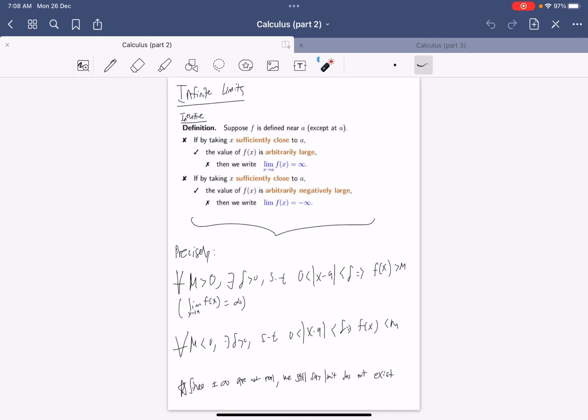Now, understanding the one-sided limits, the other type of limit is the infinite limit. The infinite limit says the following: if we take x sufficiently close to a, the value of f(x) becomes super large. For example, the graph of y equals x squared. Or better yet, the graph of 1 over x.